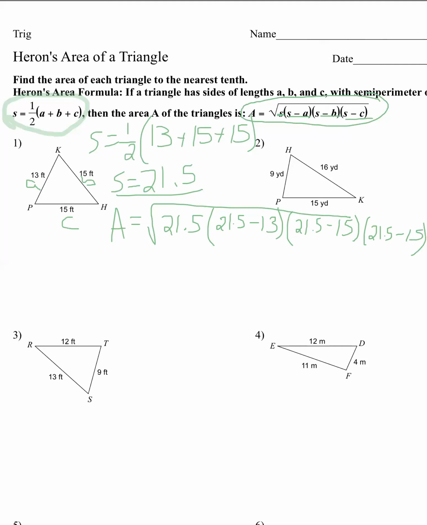Okay, so just throw all that in your calculator. All right, so I want the square root of the whole thing. 21.5 times 21.5 minus 13 times 21.5 minus 15 and another 21.5 minus 15. Close it all up, square root the whole thing. I get 87.9.